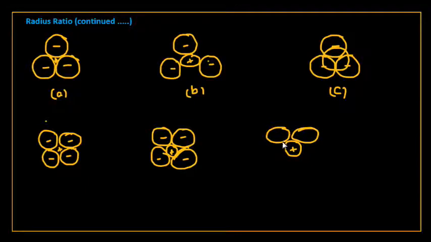This is now not touching each other, so anions are not touching each other, but they are touching the cations.